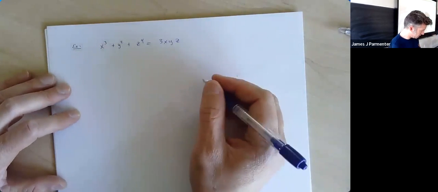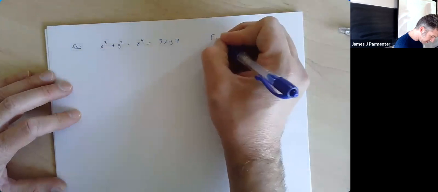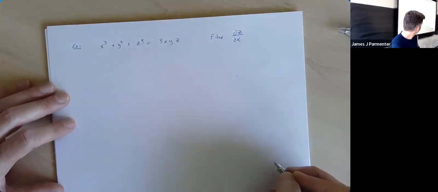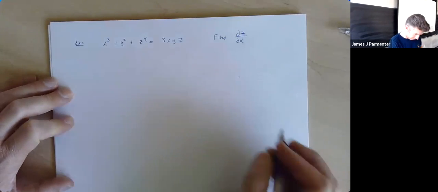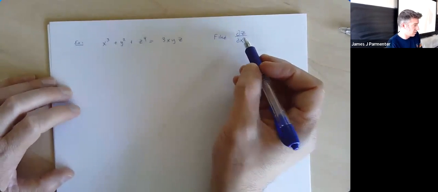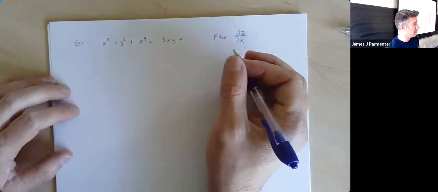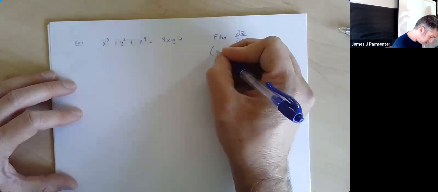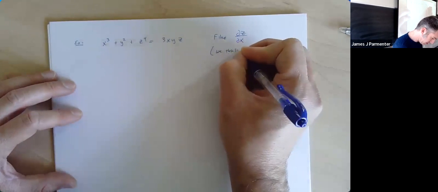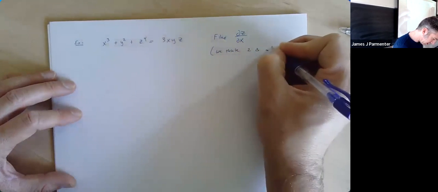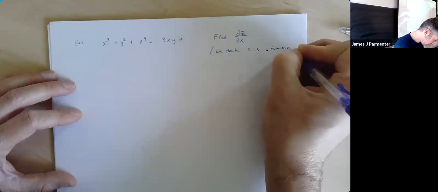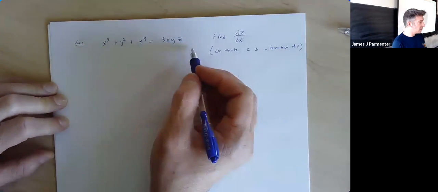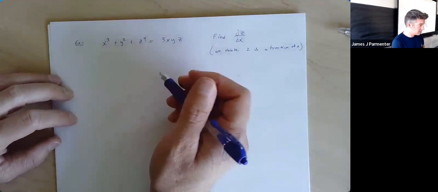And we want to find del z del x. From this notation, it is certainly implied that z is a function of x. So this means we are saying we think z is a function of x.